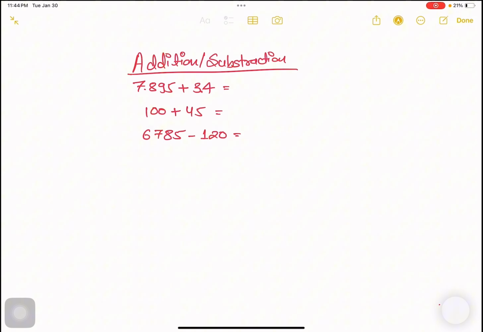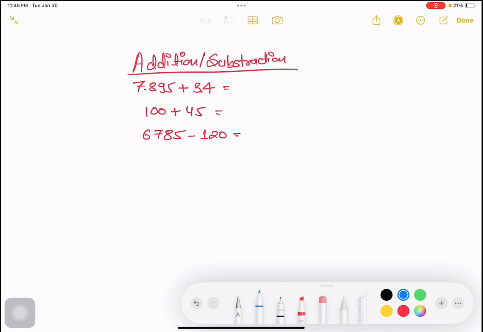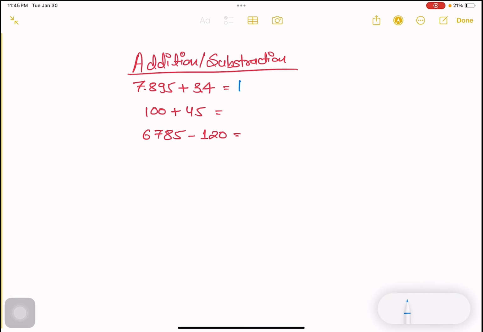Now, for addition and subtraction, you cannot determine the number of significant figures before you do the calculations. Okay, and your final answer can only be as precise as the least precise value. So what does that mean? I have this example. When I add this, I will get 11.295.